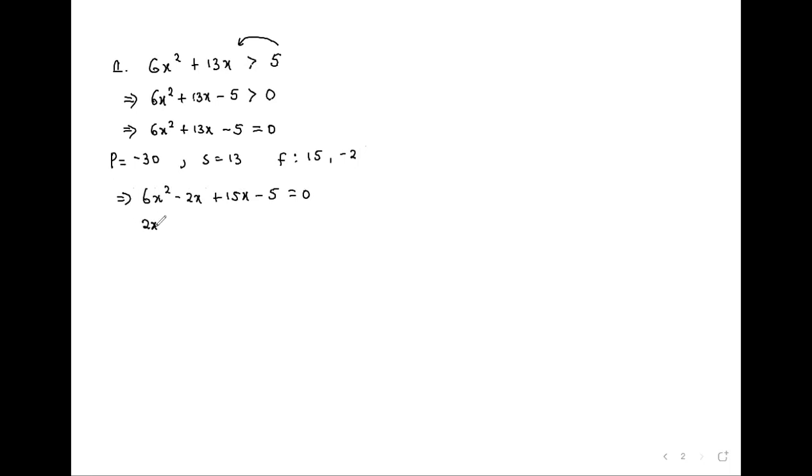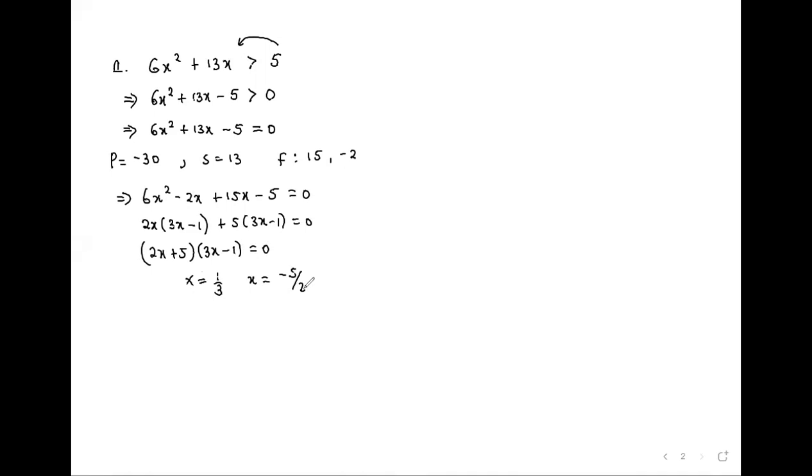So we have 2x(3x minus 1) plus 5(3x minus 1) is 0. So (2x plus 5)(3x minus 1). So x is 1 over 3. x is -5 over 2.